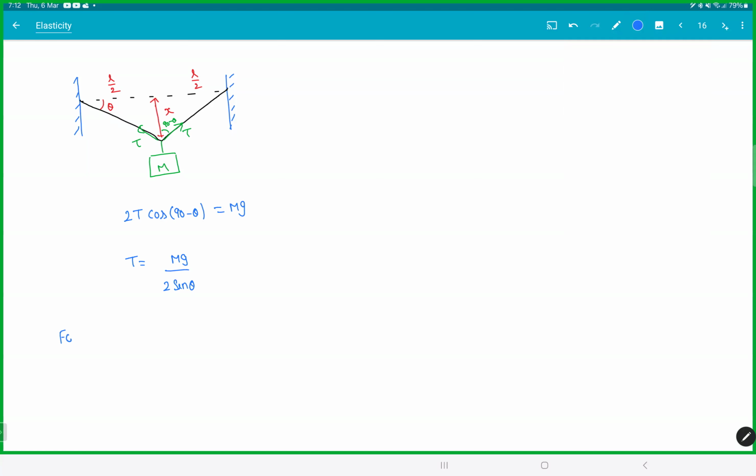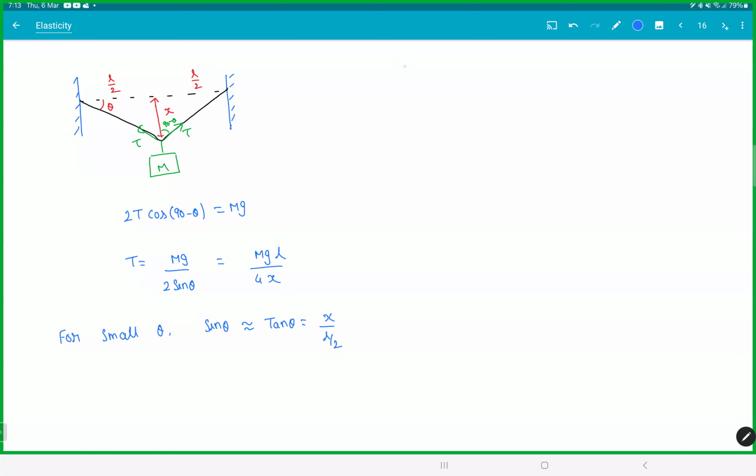Now, since x is very, very small, for small theta, you can approximate sin theta is equal to tan theta, which is x by L by 2. So this becomes mgL by 4x. That's your tension in terms of x, right?